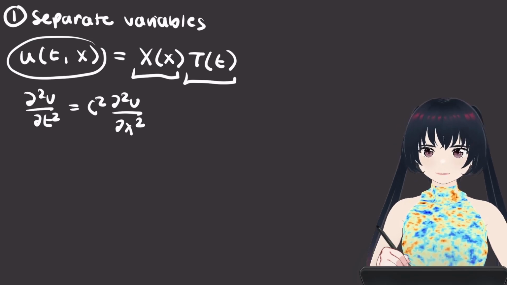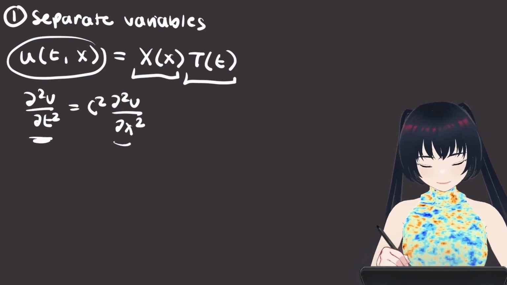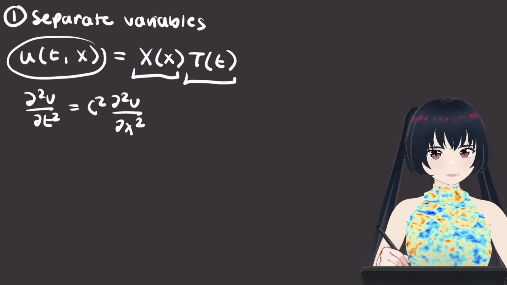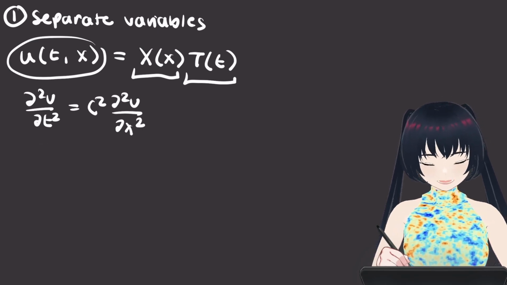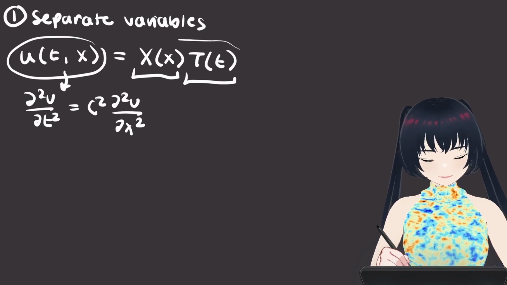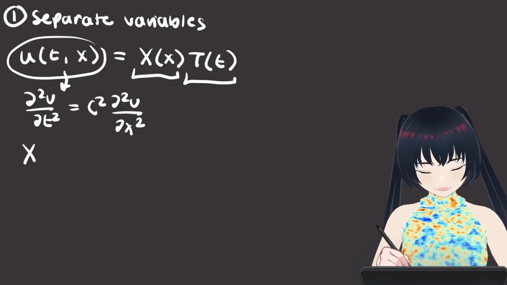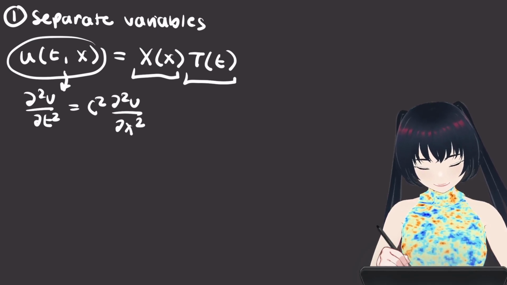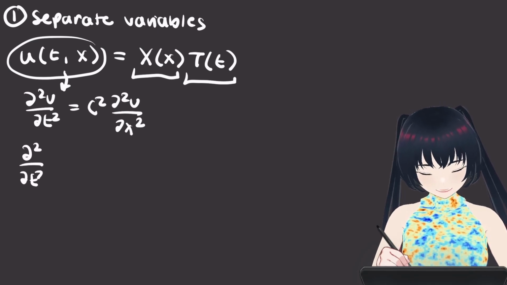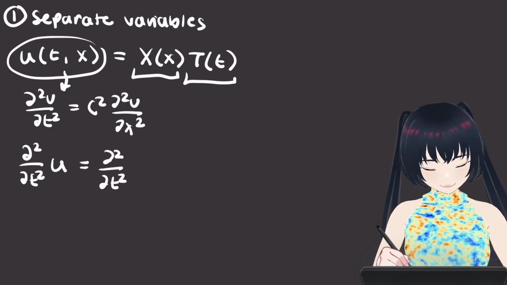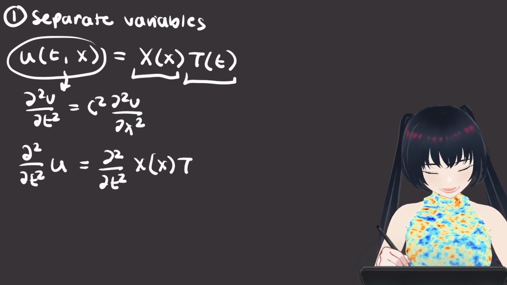So you might be wondering, how do you do that? There's a ton of differentials here. This looks like it's just a product. How do you combine these two together? Well, the way that you do that is by actually conducting the derivative on this separated format. And by doing that, we get, for instance, d squared u dt squared of u would be equal to d squared dt squared of X of x and T of t.